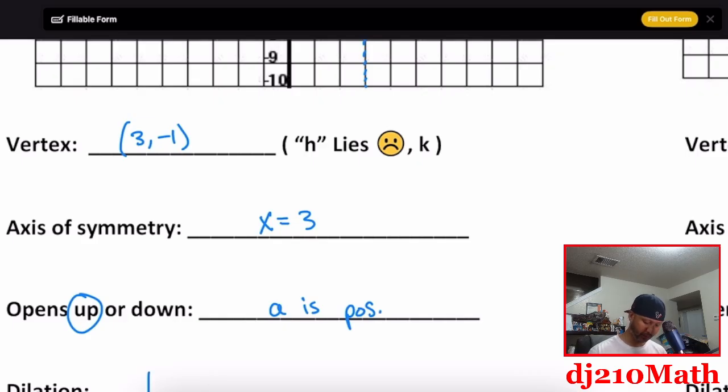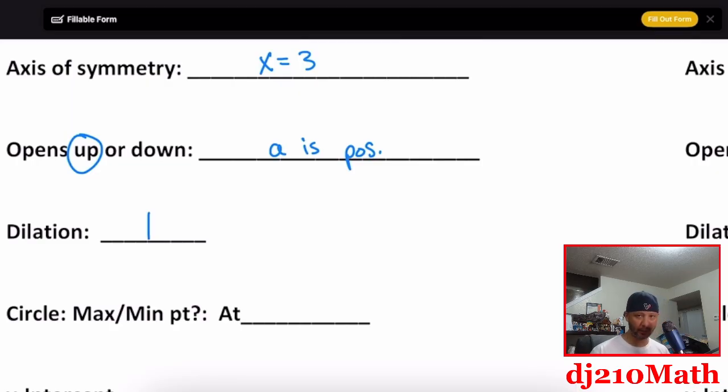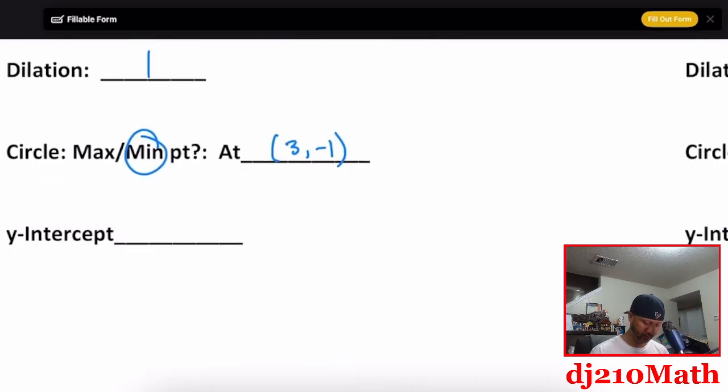Since it opens up, it has a minimum point at the vertex, which we said was 3, -1. The y-intercept, was it 8? Yeah, it was. The y-intercept is at 0, 8.